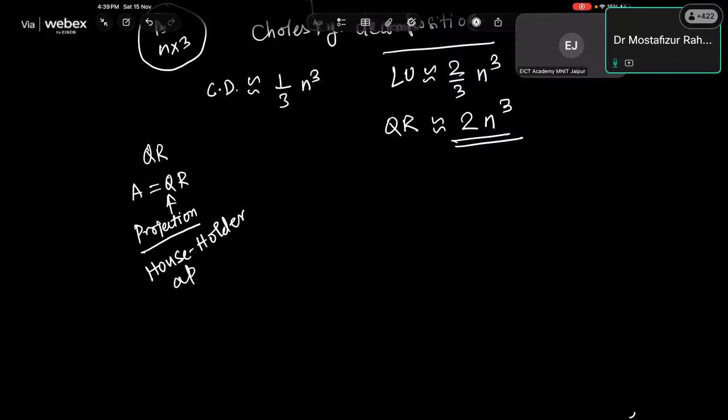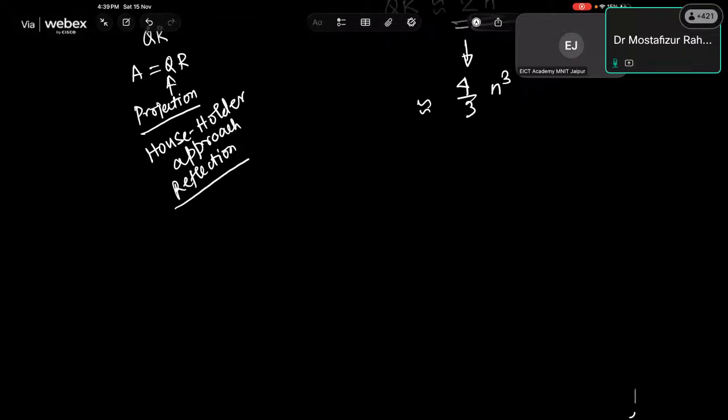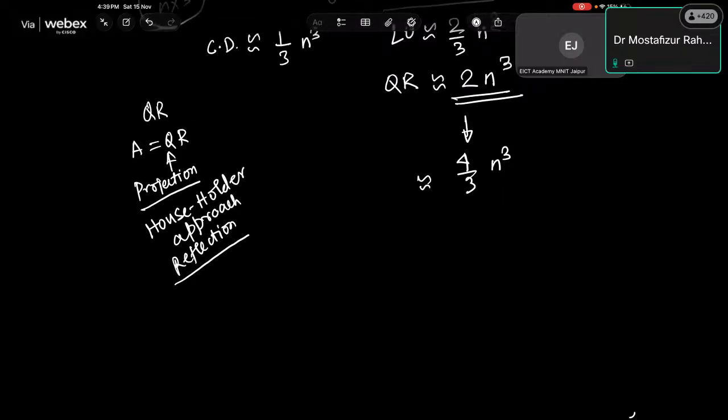It takes the approach of mathematical reflection, and you can reduce the complexity a little, to approximately 4/3 n to the power 3. So these are various ways to solve matrix computations, not only computing the inverse of a matrix but also multiplication and other things, and how you can utilize and save memory, because that is important.